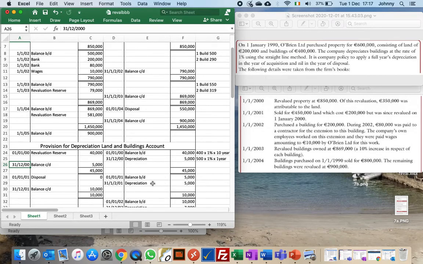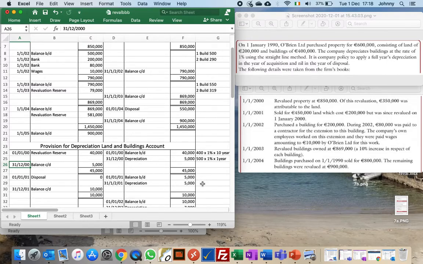Now we are going to depreciate at the end of this year, but we ask ourselves first, did we dispose or revalue anything? Well, we did sell something, the land, but land is not depreciated, so there's zero taken out of the provision for depreciation because we never depreciated the land in the first place.